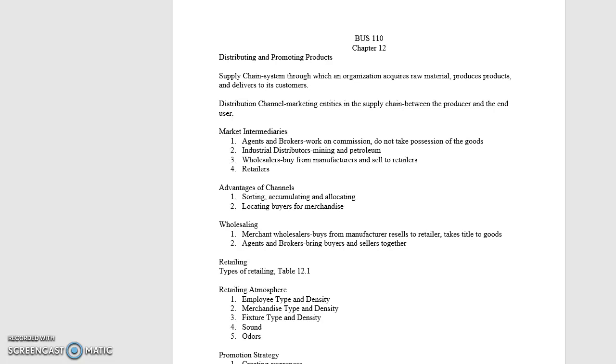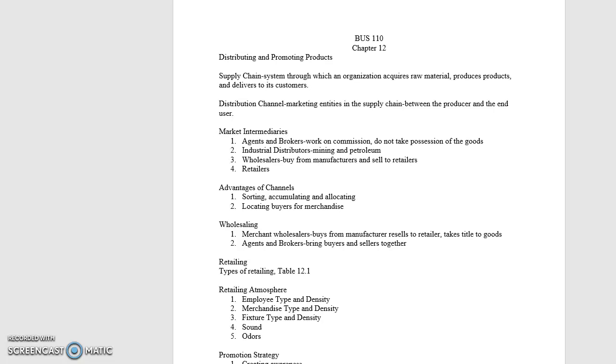So these are organizations that go between when the company produces it and the people who sell it. So there's 4 different types of marketing intermediaries: agents and brokers, industrial distributors, wholesalers, and retailers.